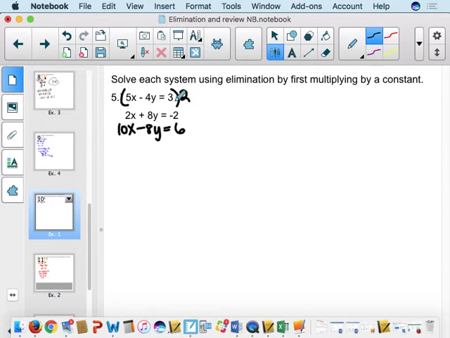Now, don't forget to multiply that last part. That's where some people will make mistakes sometimes, even myself. And we are ready to add, to eliminate. So we multiplied. I'm going to put a horizontal line through this equation because we're not going to use it right now.